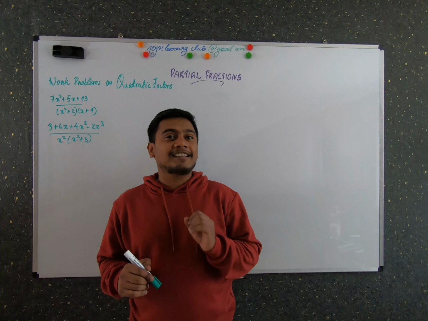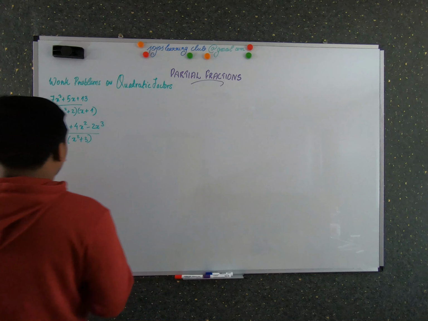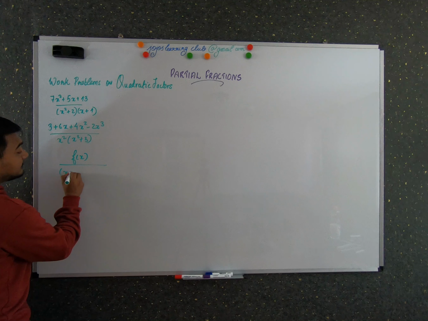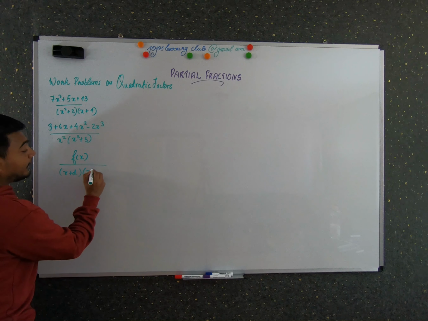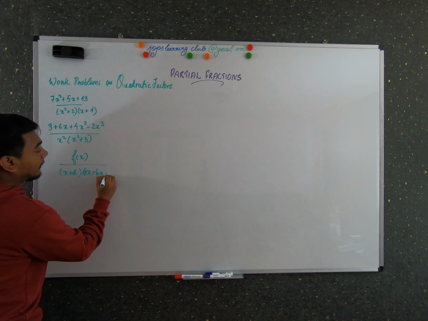So let's directly start with the equations and expressions. Before going to the first problem, let us take the equation F of x by (x plus d) into (ax square plus bx plus c). So I am having a quadratic expression which cannot be factorized. It can be factorized only with imaginary terms.